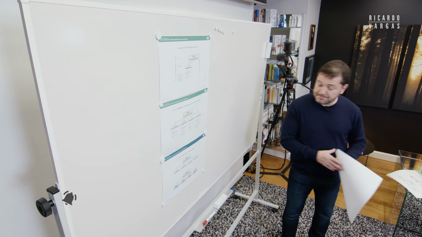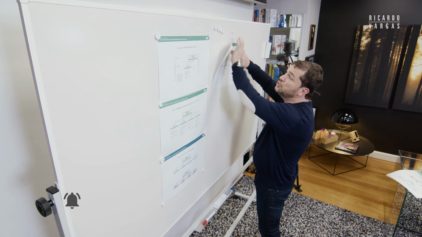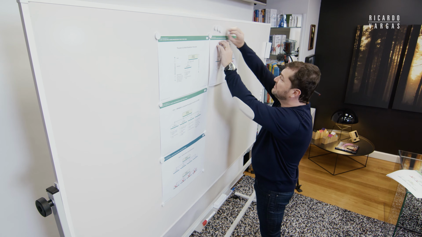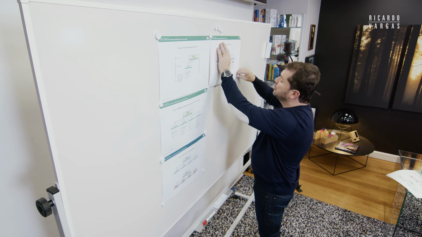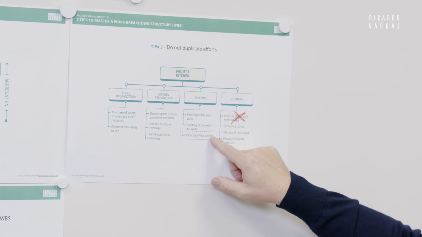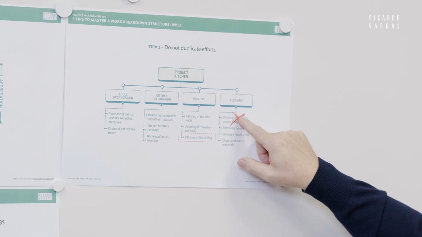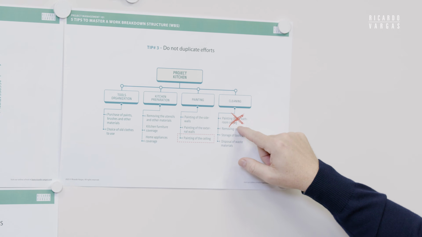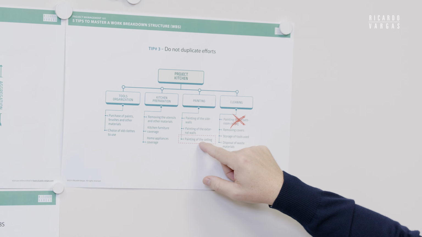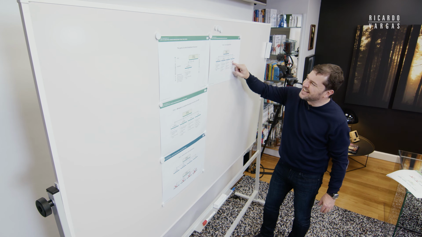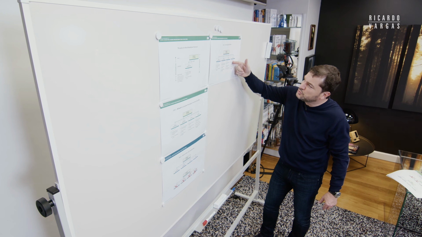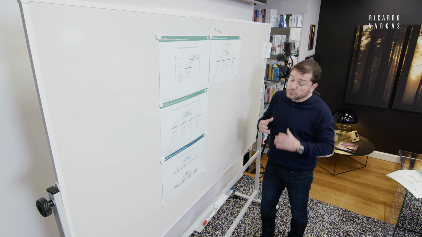Another one, tip number 3: do not duplicate efforts. Do not write something 2 times. For example, here, painting of the ceiling and painting of the bathroom ceiling. Look, the bathroom ceiling is part of the ceiling. So it doesn't make any sense. And even more, because this is not cleaning, it has nothing to do with the painting. So do not duplicate.